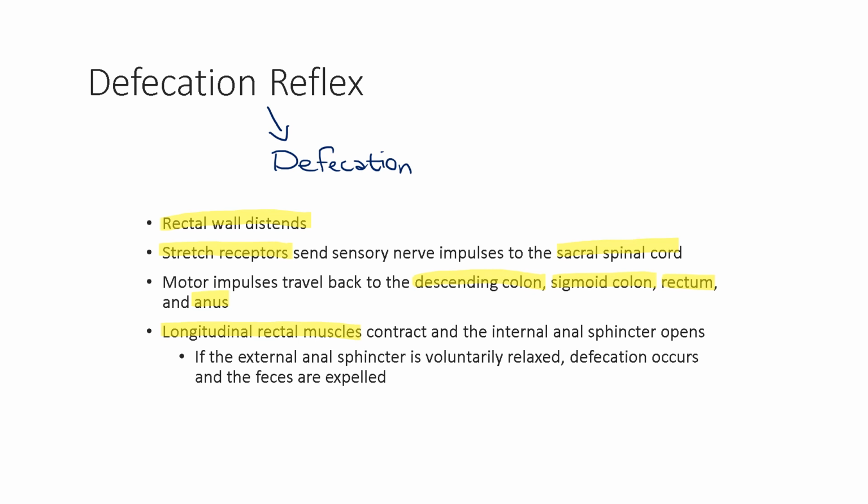Now, this pressure, along with the voluntary contractions of the diaphragm and abdominal muscles, plus the parasympathetic stimulation, is going to open the internal anal sphincter. The external anal sphincter is voluntarily controlled.